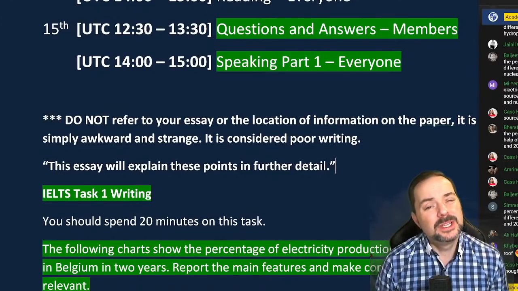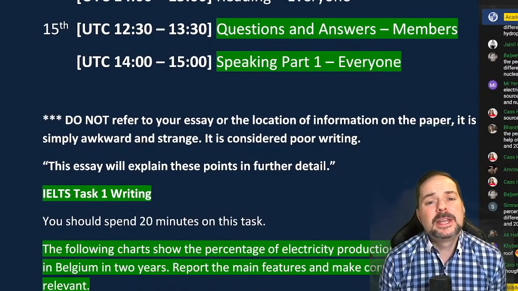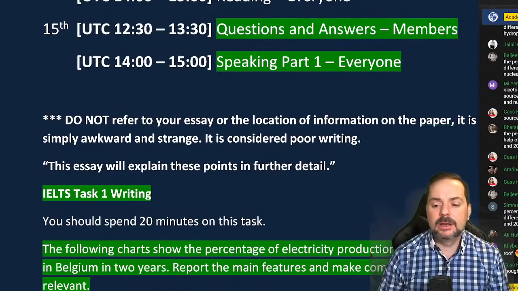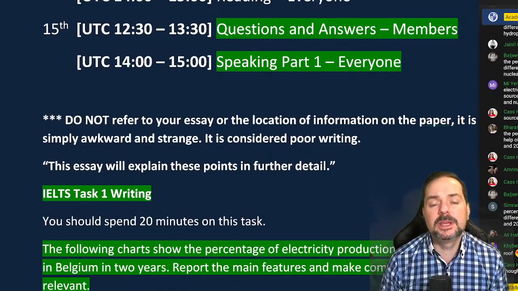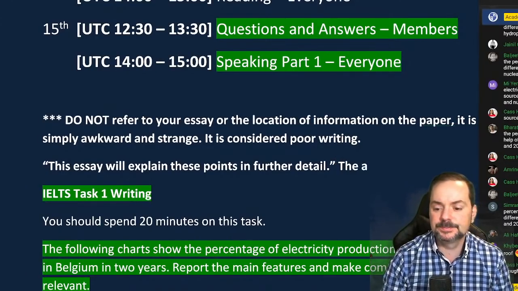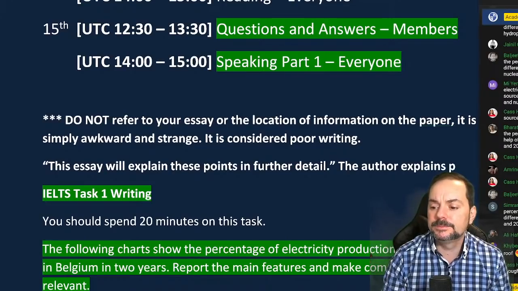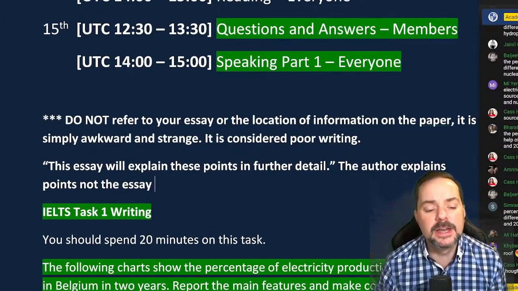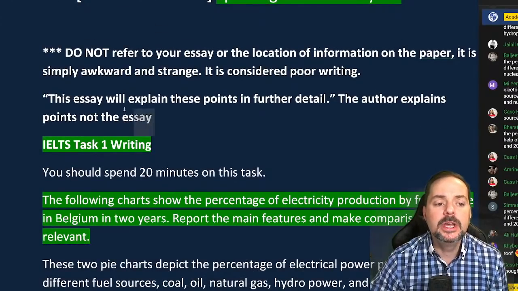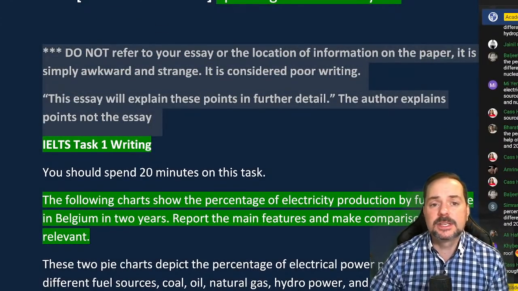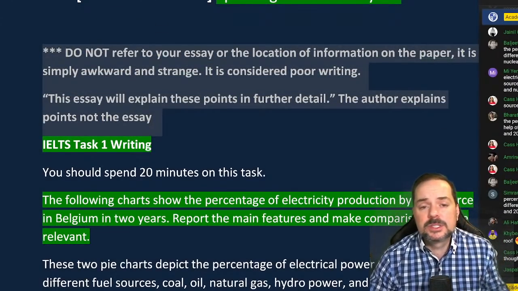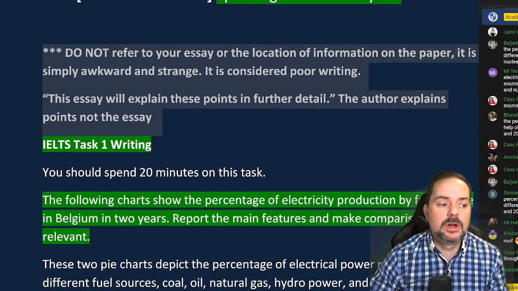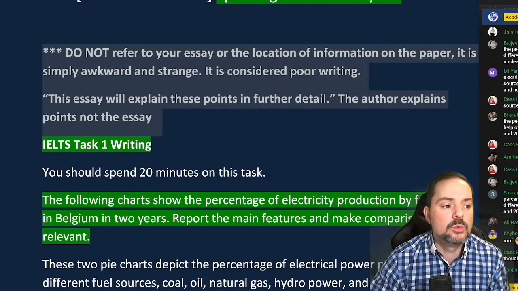There's some very unique types of writing where we do that, but 99% of the time, it's considered bad writing, okay? Why? Because it's not the essay that's explaining these points, it's the author. Okay, so we don't personify the essay. It's called personification, and we don't personify the essay. So we don't make the essay into a person. It's not the essay that's doing it. You're doing it. You're the author. Okay, especially if the author is known, then it's even more bizarre.